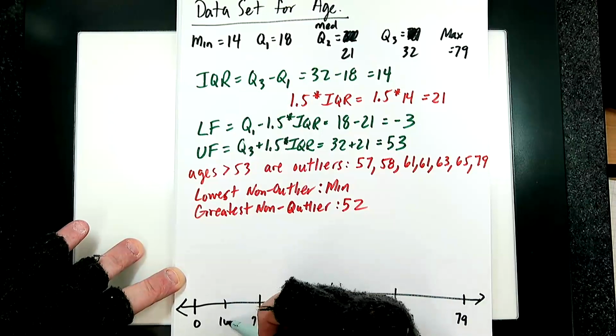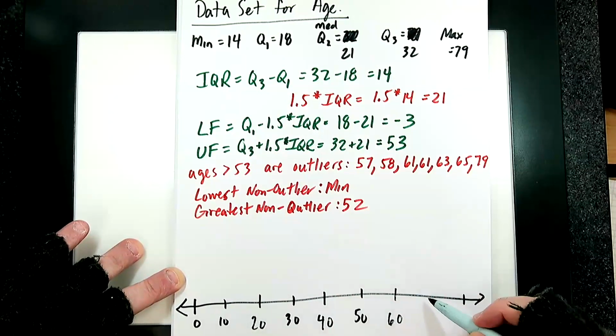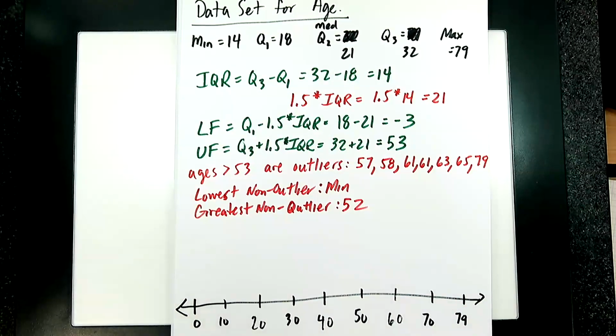Maybe I'll put 10 in, increments of 10, just to help my number line so I can find where everything is. So we're gonna put marks where every one of these is.